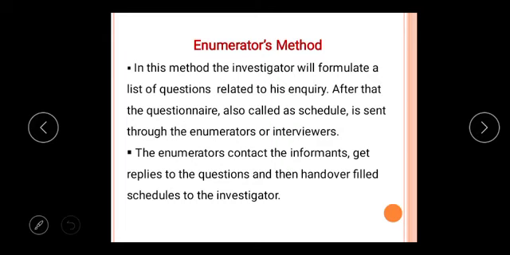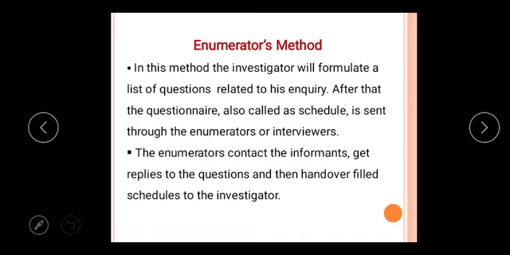That is, the questionnaire is being prepared by the investigator according to the purpose of investigation. After that, the questionnaire, also called as schedule, is sent through the enumerators or interviewers. Means that the questionnaire prepared by the investigator, which is also called schedule in case of the enumerators method, is being sent to the informants or respondents through enumerators.